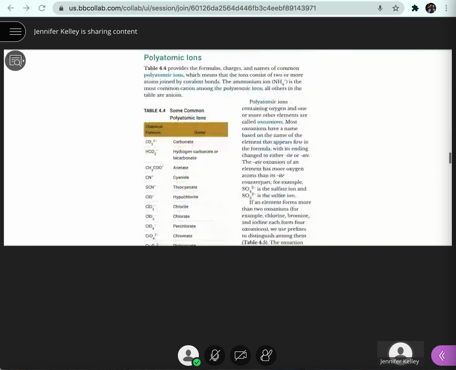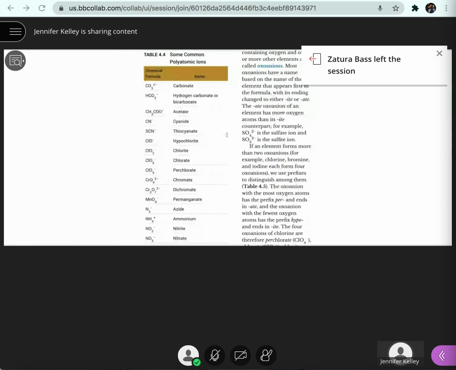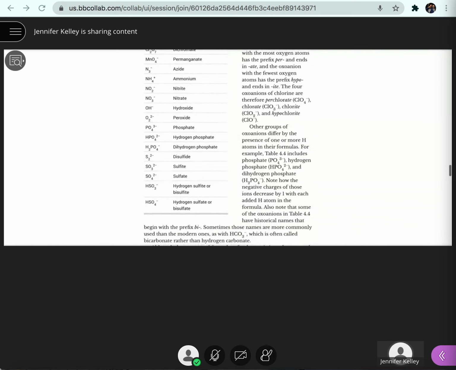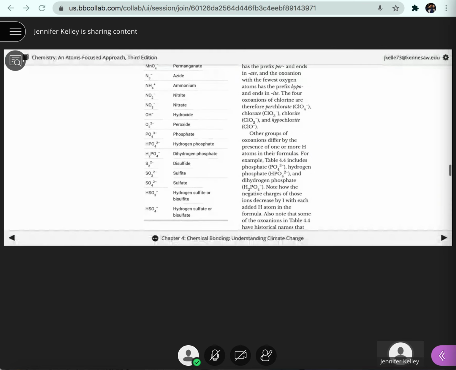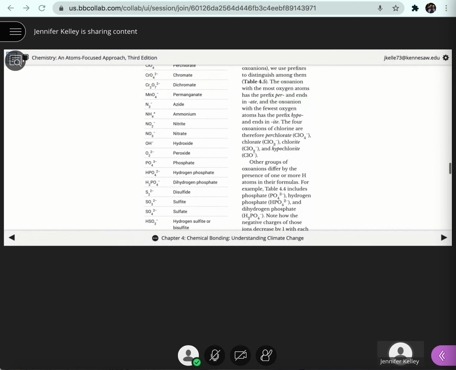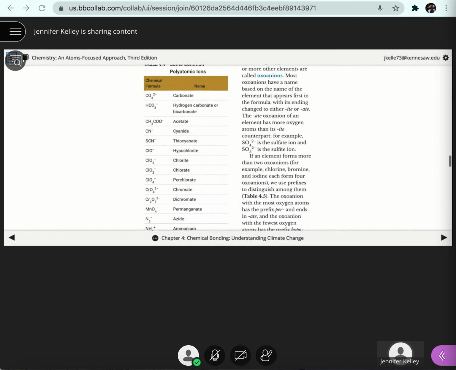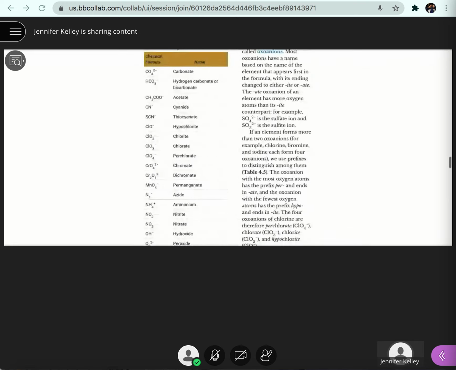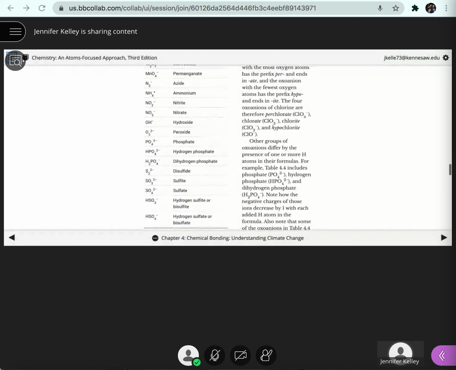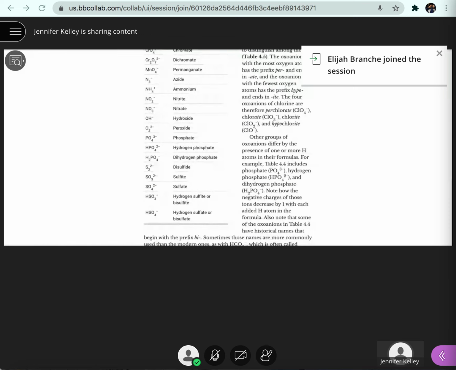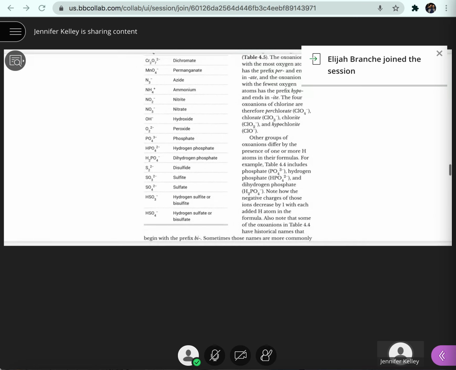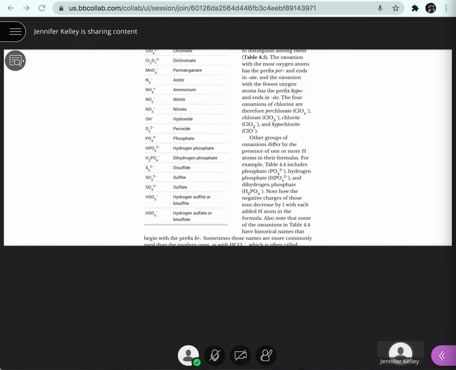And then this is what your list of polyatomic ions looks like in your textbook. So it's basically the same ones as in the other book that I just showed you. It just looks like more because the other table is side by side and this one is just vertical. I also have a list of polyatomic ions for you to memorize that's on D2L. It's not more polyatomic ions, it just gives you a different list.